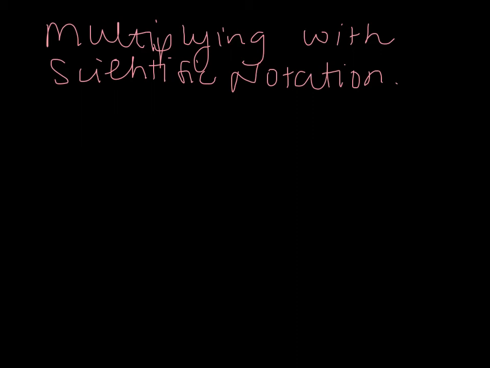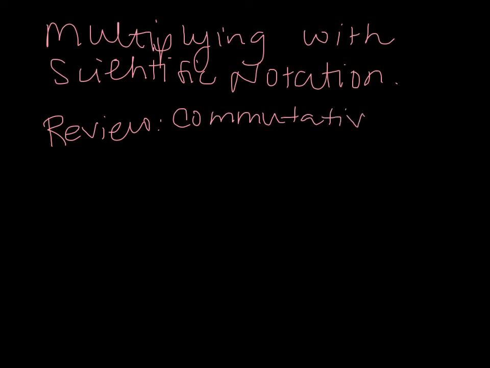Same goes for math. Okay, so here's a review of the commutative property. Oh, you remember those lovely properties we did at the beginning of the year? Commutative property. That word is property.